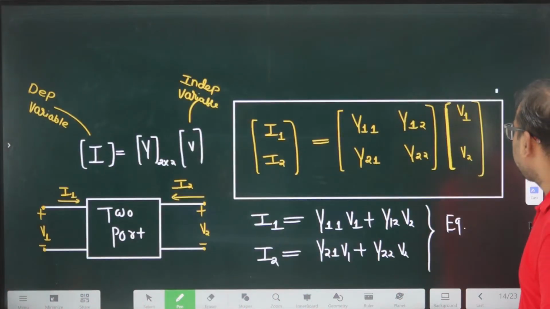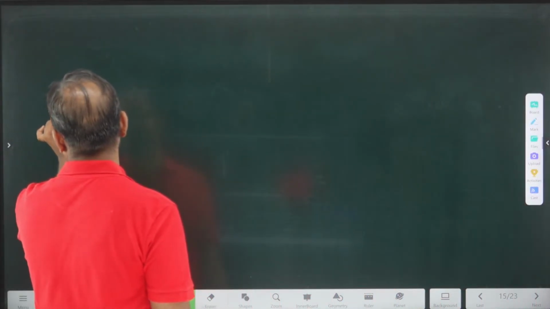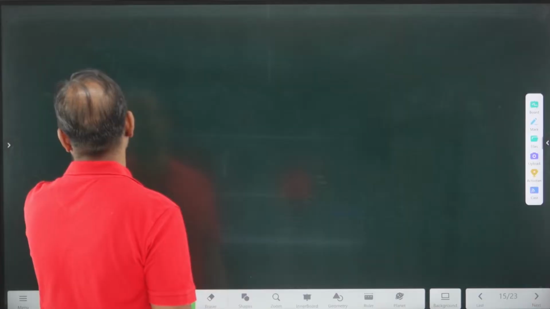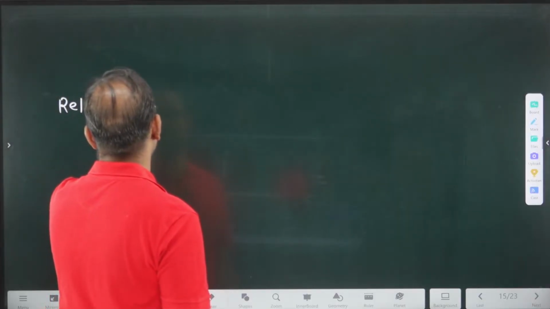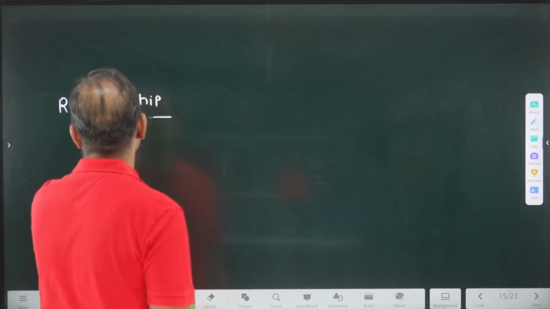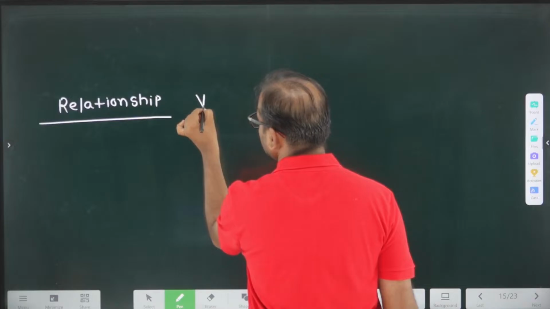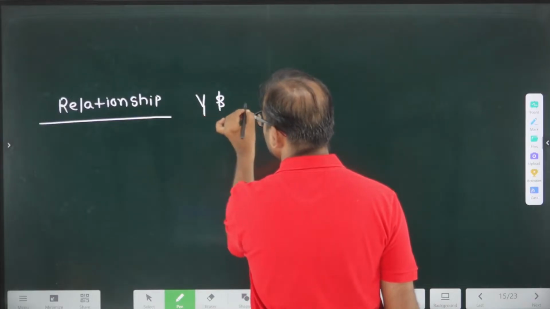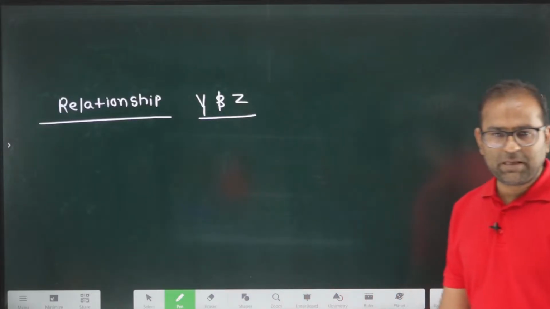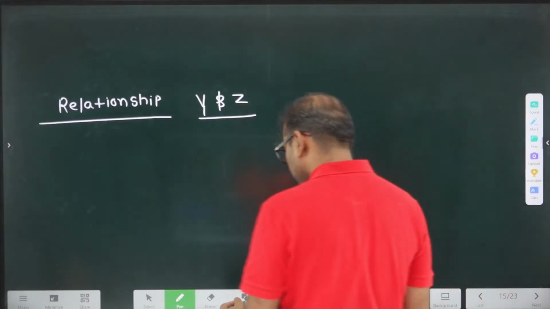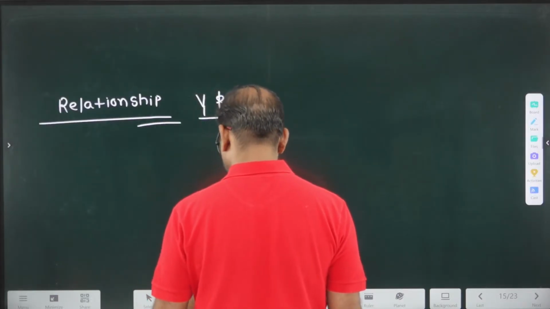What is the relationship between the Y parameter and the Z parameter? How does this relationship between Y and Z parameters look?